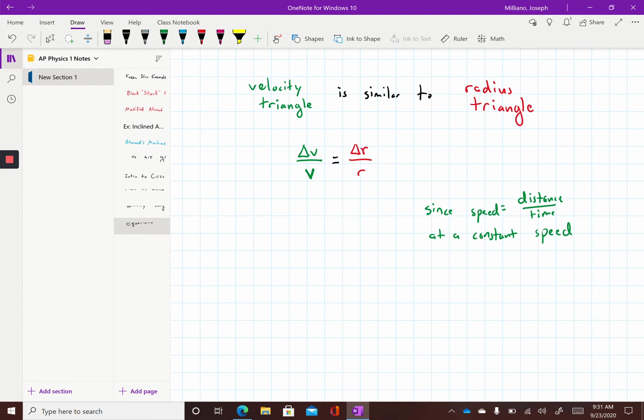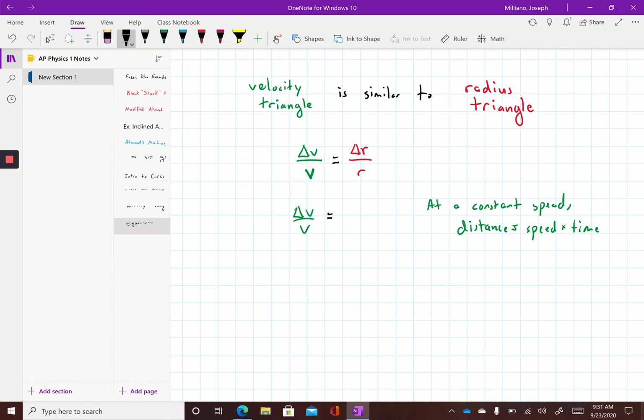What I want to say is it's similar. So back up. I apologize for the mistake there, but what I want to say is at a constant speed, distance equals speed times time. Again, only for a constant speed, which we do have in this case. And I don't want to change the left-hand side of the equation. Instead, I want to turn that change in position, the distance, into something that says speed times time.